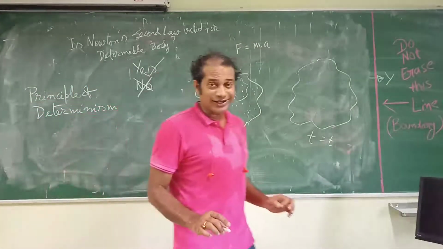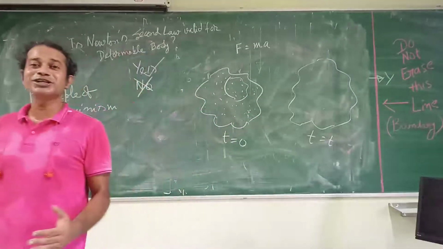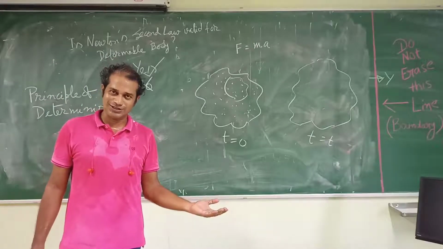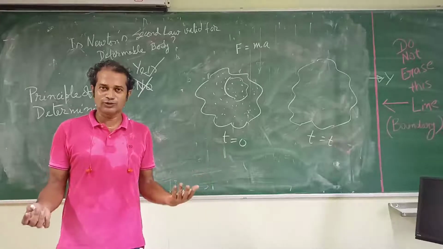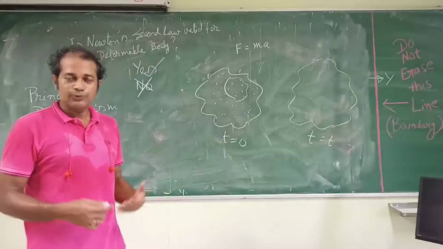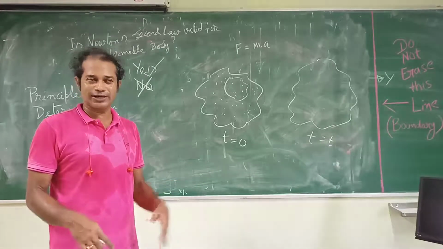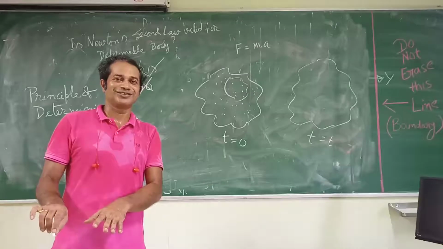In the free body diagram, what you do is that you detach the body. Whenever you detach a part of the body, you are inviting certain reaction forces or other forces of interaction. And then you apply Newton's second law for that part of the body.